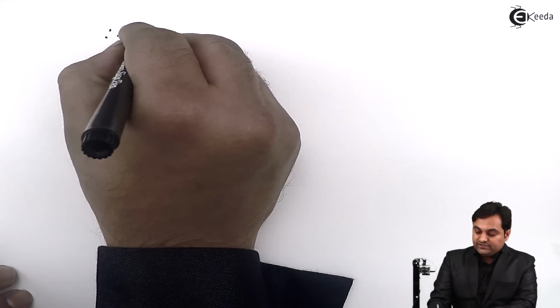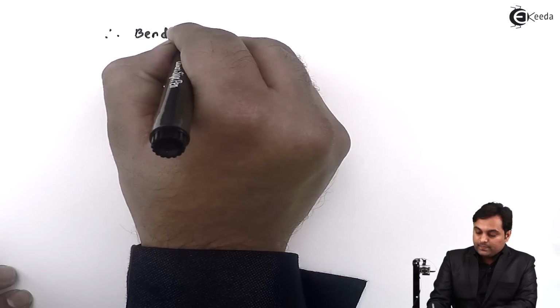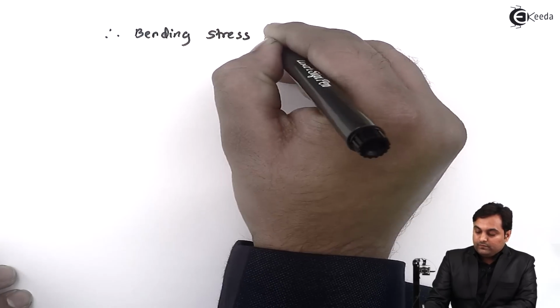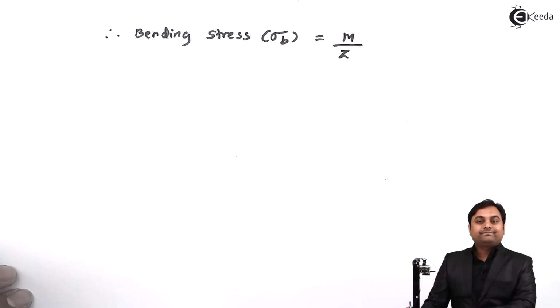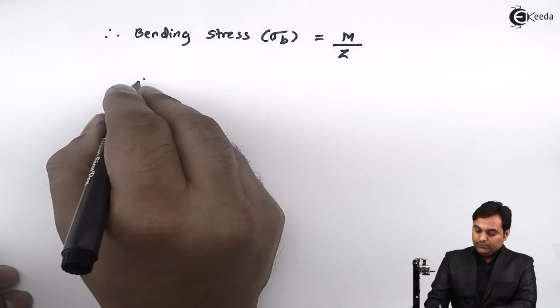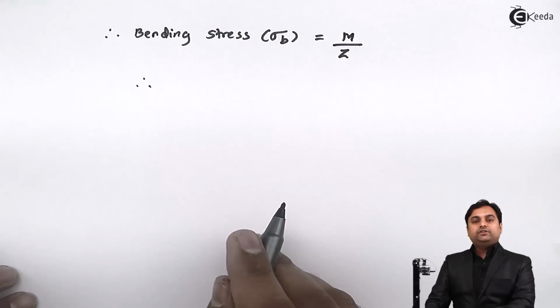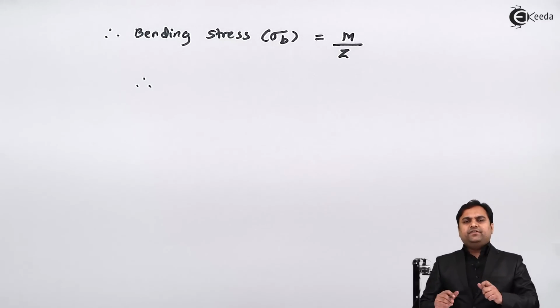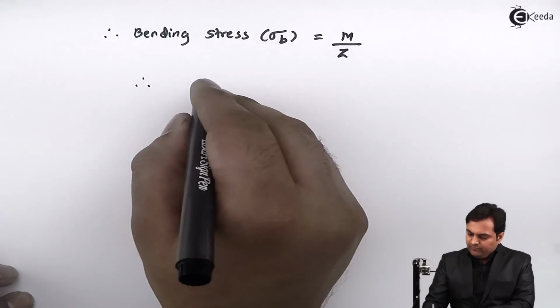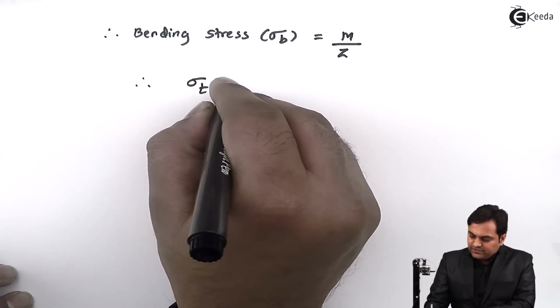So finally I can say that therefore bending stress sigma B is equal to M upon Z. Now bending stress is not given in the problem, but bending and tensile stresses are considered as principal stresses. So instead of bending I can take tensile stress.